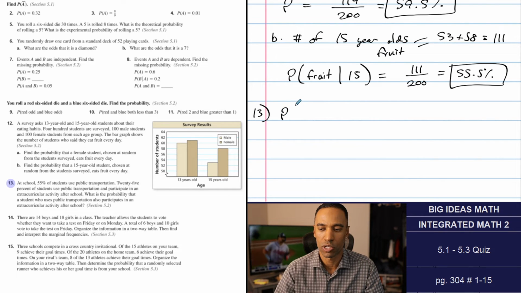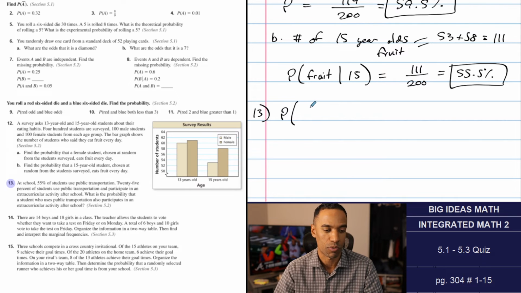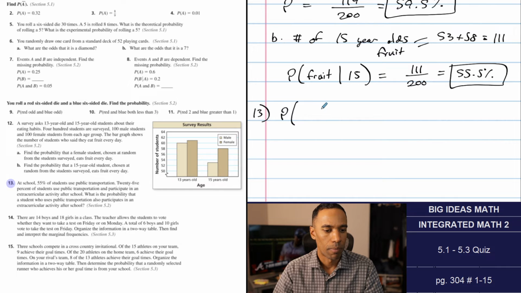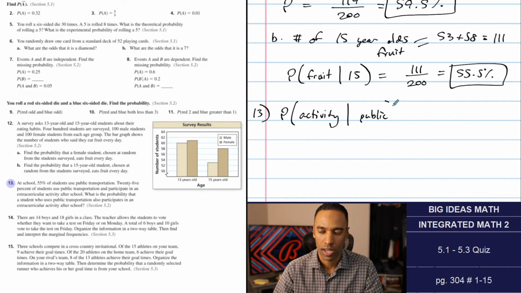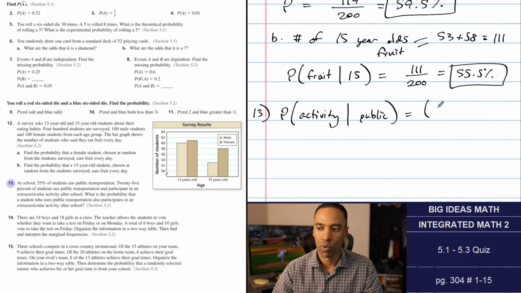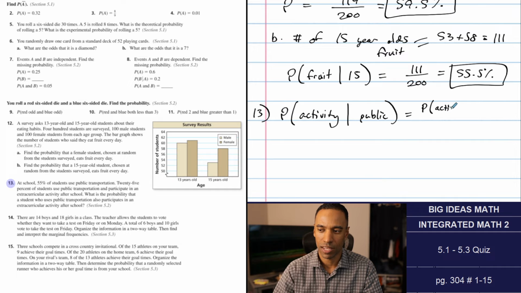So this is still that same division, only this time I can use it as probability because that's what they have. We want to find the probability of participating in an extracurricular activity given that you use public transportation. So you take those who do both, the probability of activity and public transportation, and only divide it by those who use public transportation.